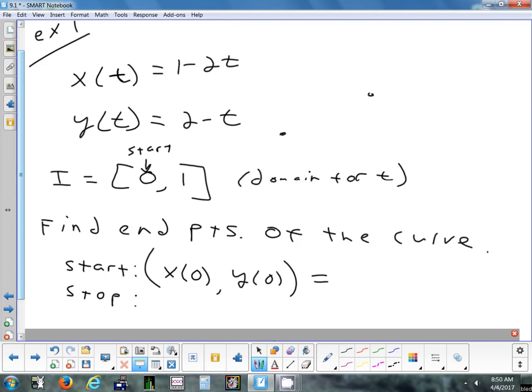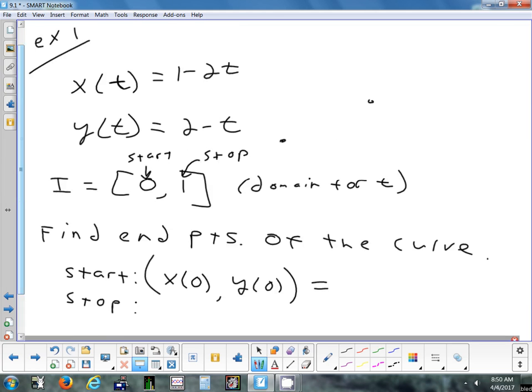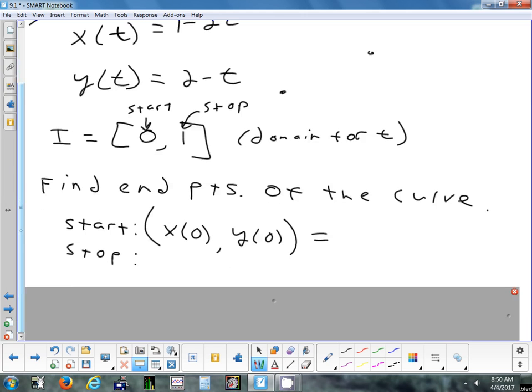And we'll figure out what that comes out to. And then what number is going to control where this curve stops? The 1. So you're going to plug 1 into each formula. Plug 1 into the x formula and the y formula. Okay, do out those 4 calculations, and that'll tell you where the curve starts and stops.